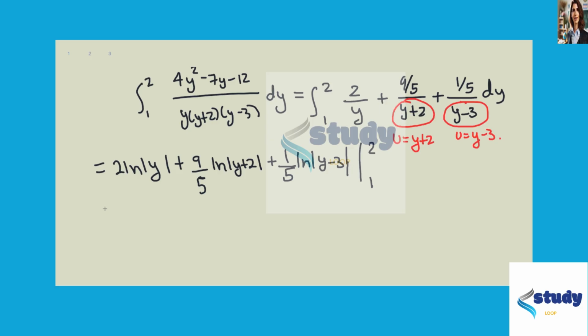Let's plug in those endpoints. So plug in the 2 first. Then we have natural log of 4 plus 1/5, and then we have 2 minus 3, which is minus 1, but then absolute value gives us a 1, so natural log of 1. Now we plug in 1 for y.